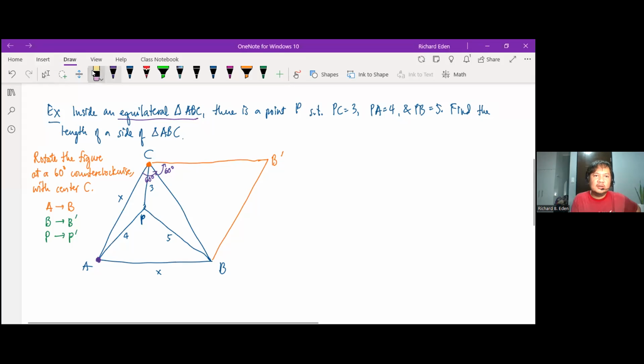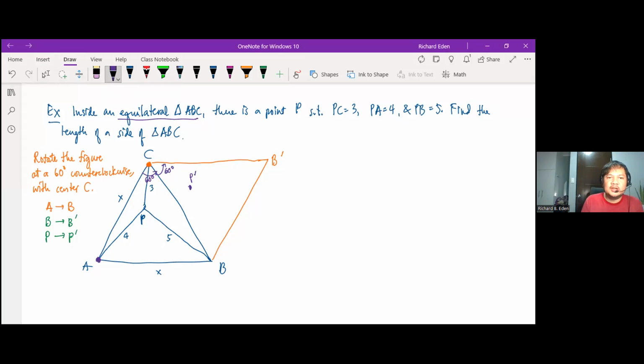Okay. So what's going to happen is P prime is going to be brought here. Okay, this is where P prime is going to be.